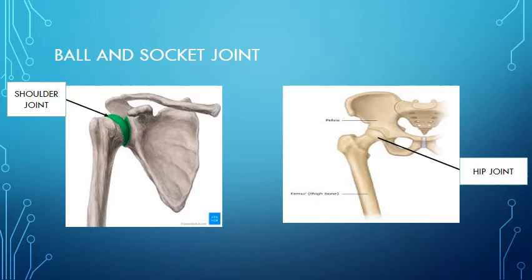Now if we talk about the shoulder joint, in the shoulder joint the ball of the hand bone is fitted into the socket of the shoulder bone.